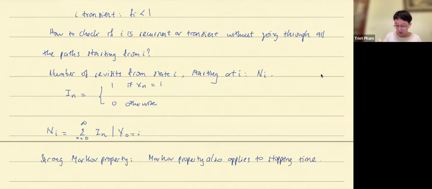The Markov property also applies to stopping times. That's the technical detail. I cannot just say random time; the technical word is stopping time. But as far as we are concerned in this context, all it means is that once the chain returns to state i, you can forget whatever has happened before.